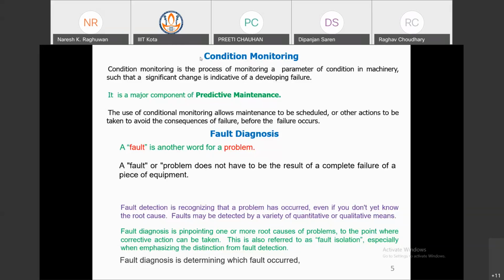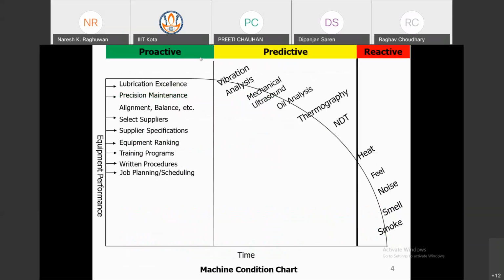So we are measuring some parameters. This is the process, and it is a major component of predictive maintenance, as in the earlier slide. These are some techniques we will discuss here, mainly vibration analysis, but you will also get some basic concept about the other techniques.